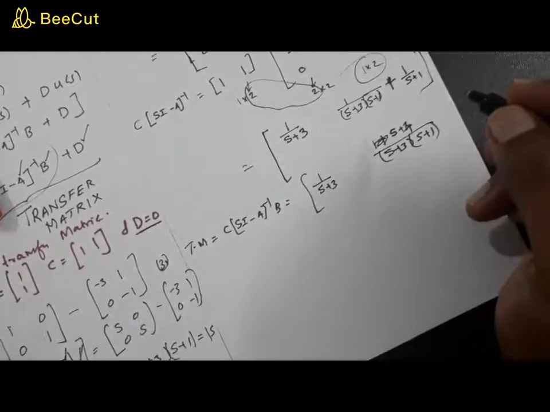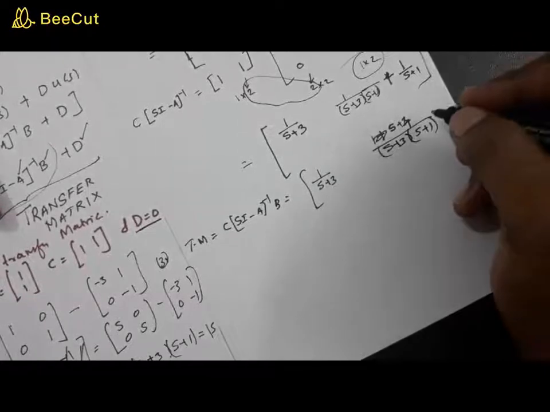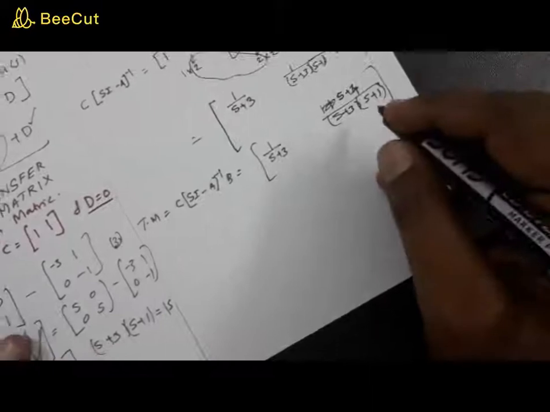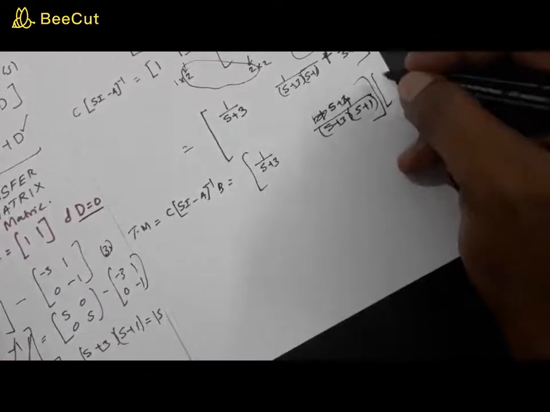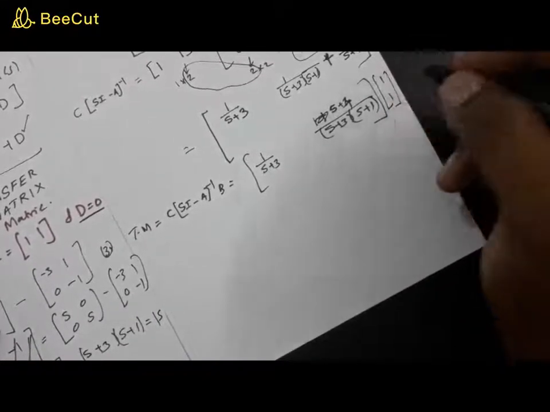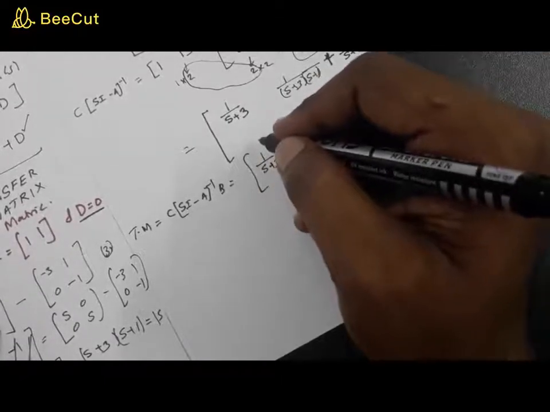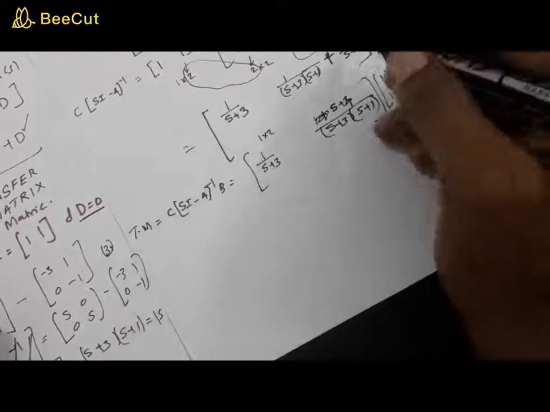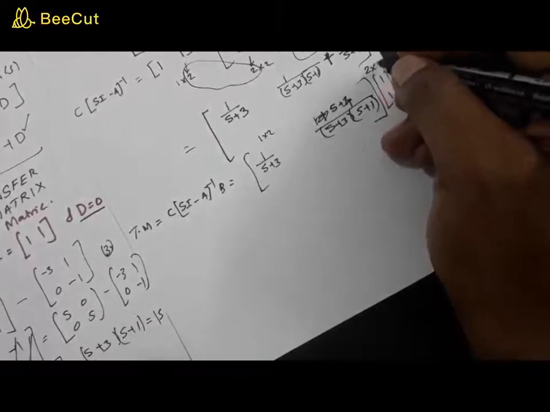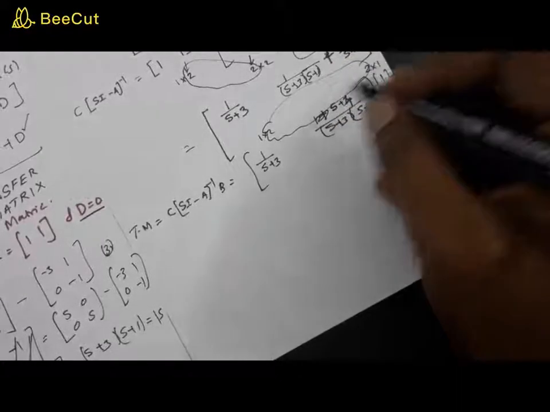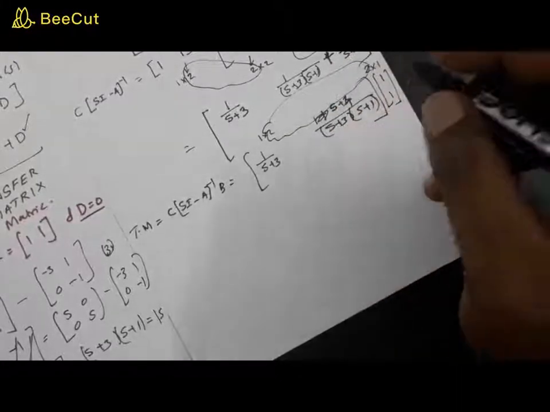So this into B. What is B? B is again a column matrix, 1, 1, right? So this is a 1 into 2 matrix, while this is a 2 into 1 matrix. Okay, so this is again multipliable, so this is going to be a single answer.